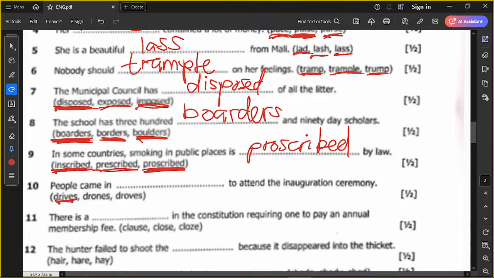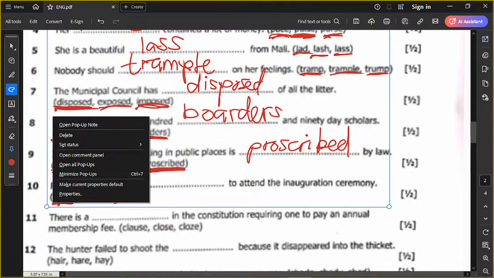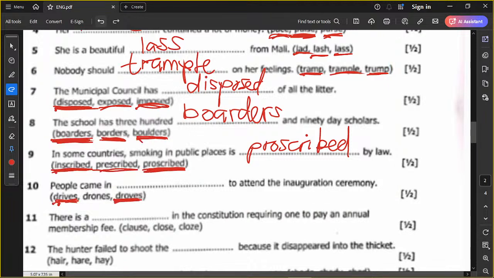Come in droves, no. These are verbs, and this one is in past tense. Something that happens usually. Then drones, that is the correct answer, come in drones.